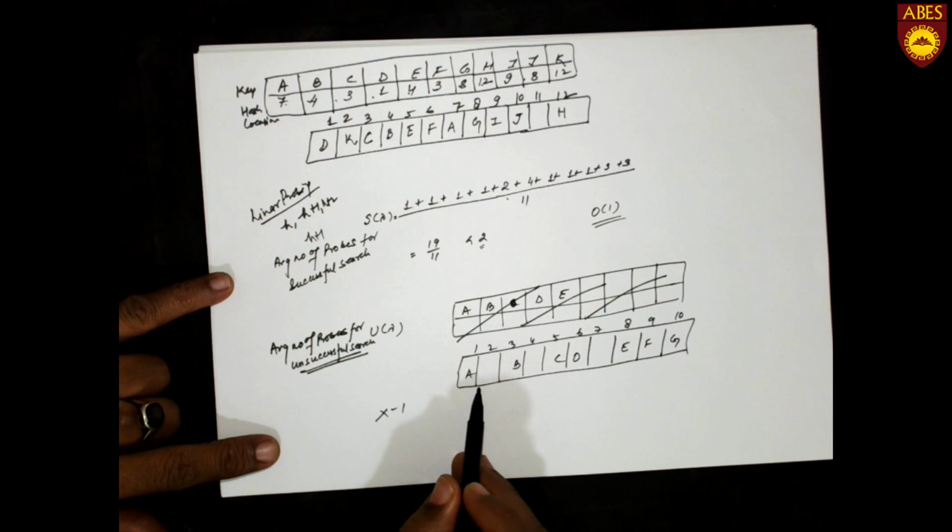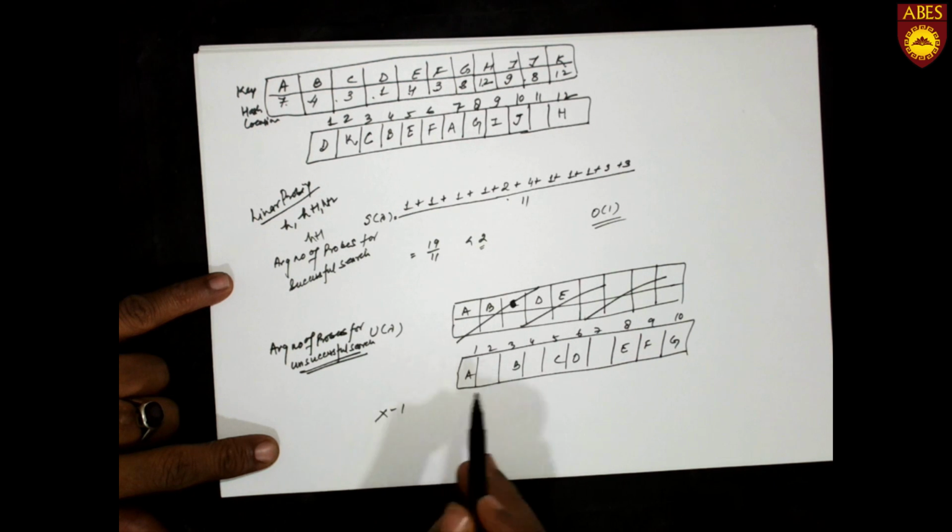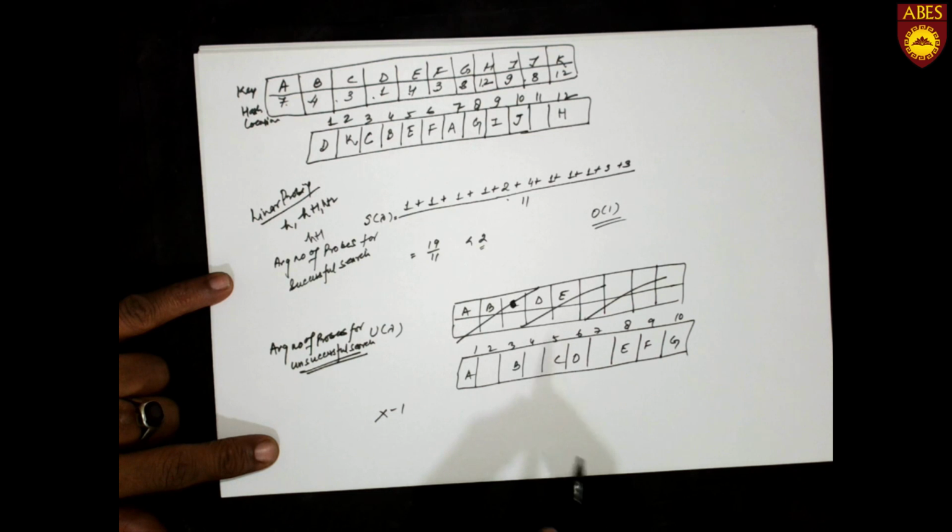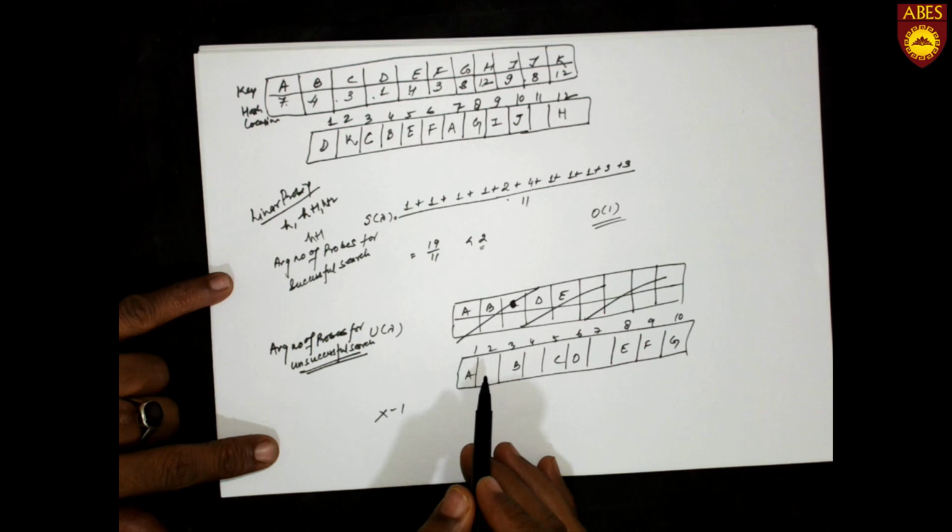So linear probing method says that you go and see the two location. So what happens at the two location is blank. The blank means while storage of the data, if I would have observed blank, I would have stored X there itself. Since in this case, after looking X at one location, I have gone to see the location number 2, which is a blank. That means the data X cannot be found. So if the data cannot be found, we say that the search has been unsuccessful. So whenever the condition of the blank is encountered, we can say that the element is not present in the table.